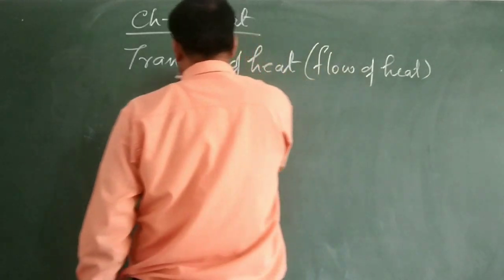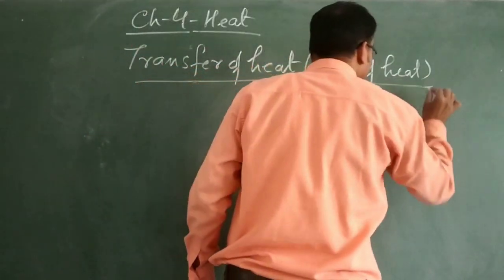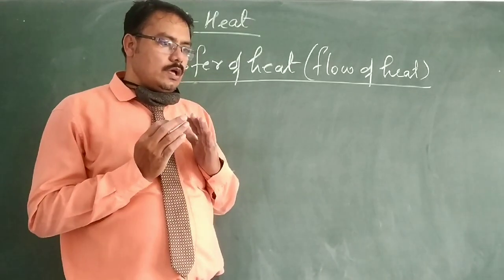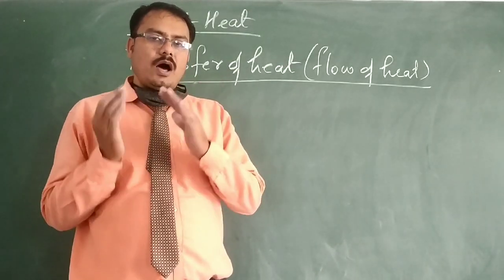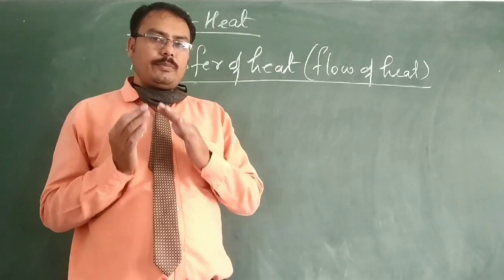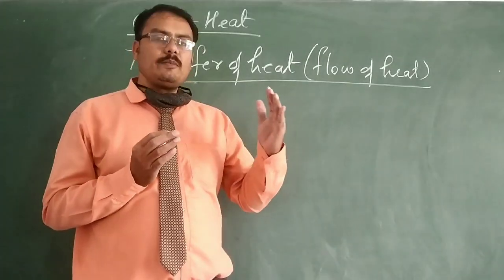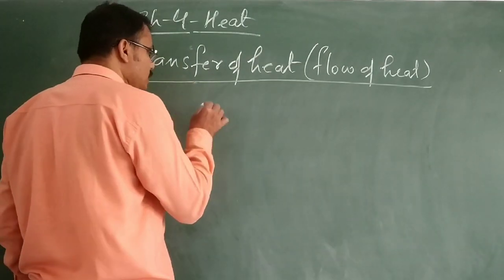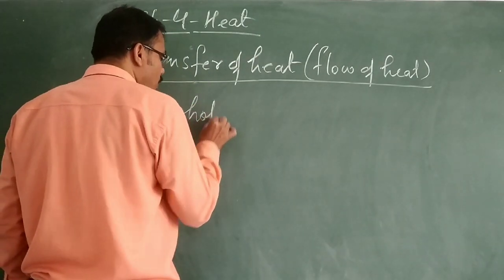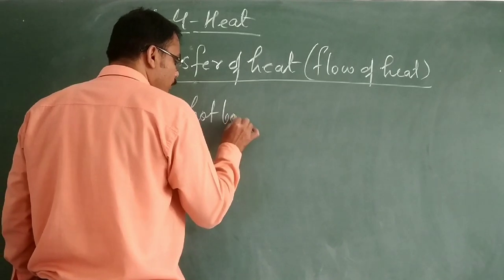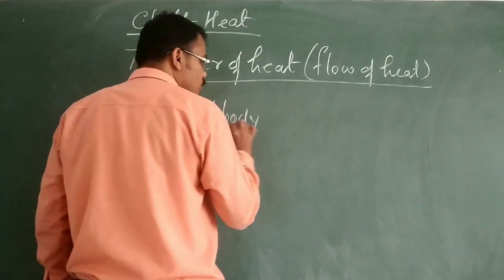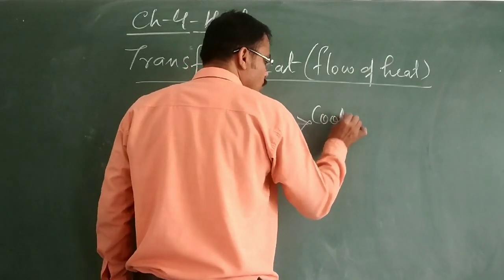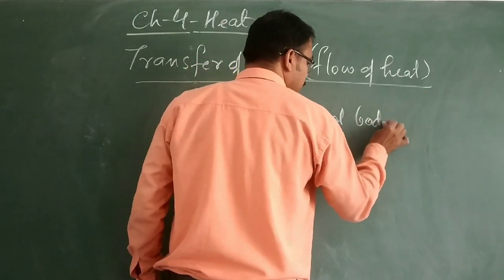One thing I want to say is that the transfer of heat is always from a high temperature point to a lower temperature point. That means heat always transfers from the hot body part toward the cool body part.